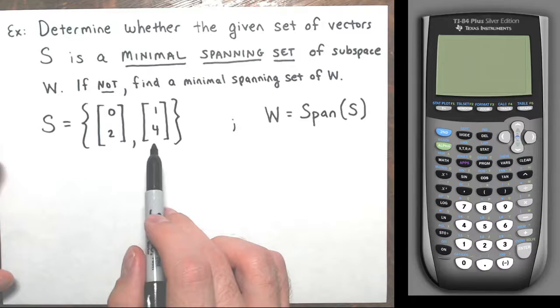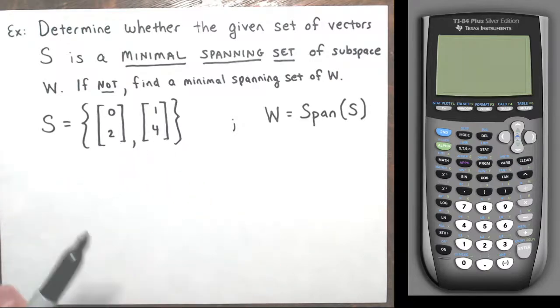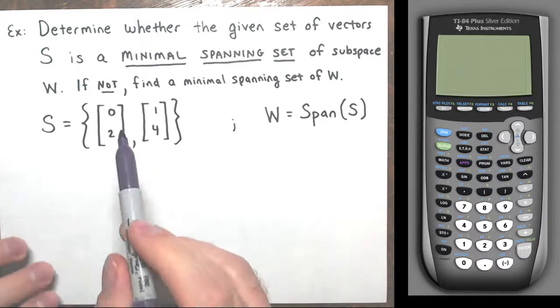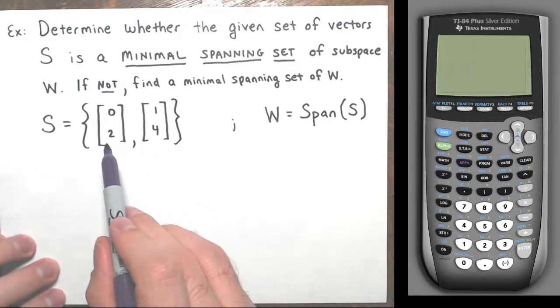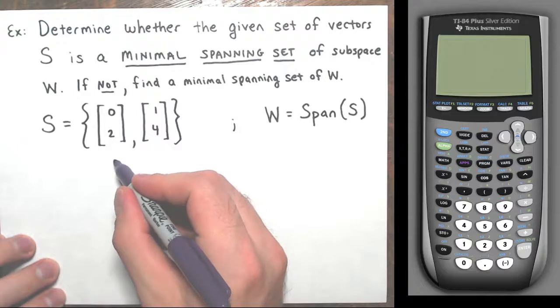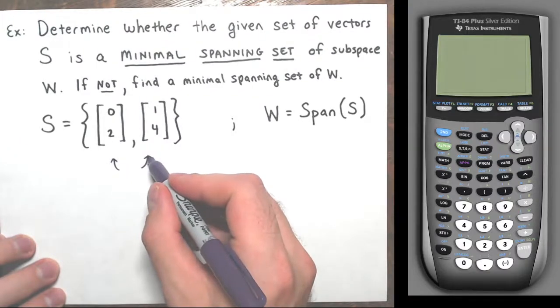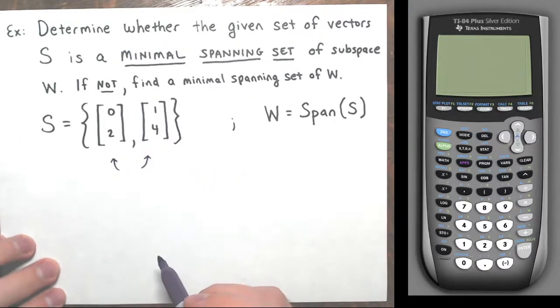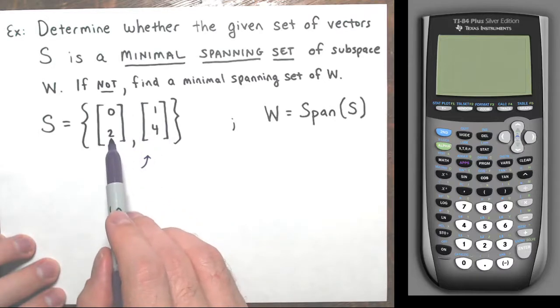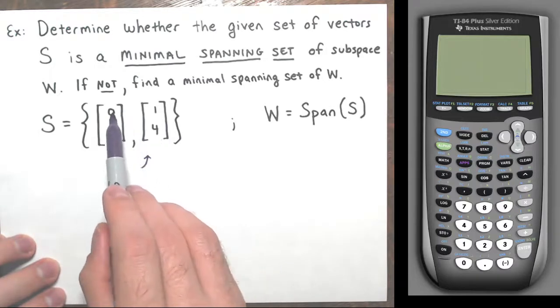Now, I've put up a video before on determining whether or not a set of vectors is linearly independent or dependent, so remember that if you've seen it. If not, I'm just going to refresh your memory really quickly here. This is a set of two vectors, and these vectors are not scalar multiples of one another. 2 times 2 is 4, but 0 times 2 is not 1.